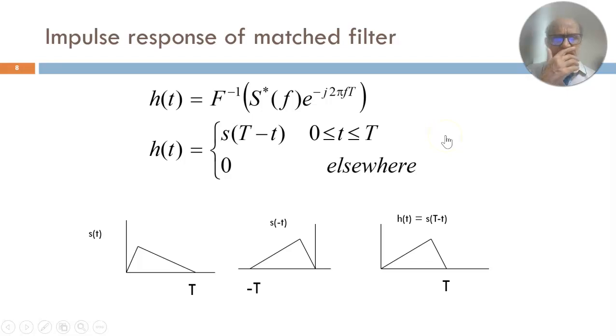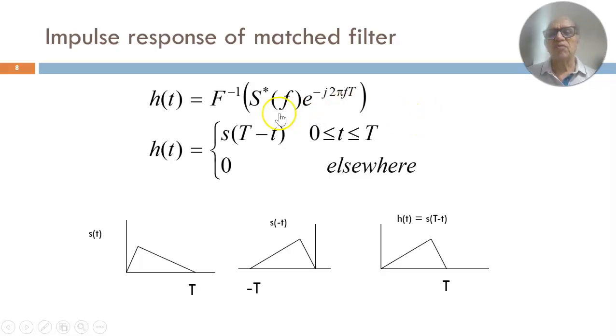So like any other filter, the matched filter also can be specified in two ways. One by its transfer function, which is given by this expression within the brackets, and other by the impulse response, which is given by this expression. Once we understand this, we'll see one simpler method of implementing the matched filter.